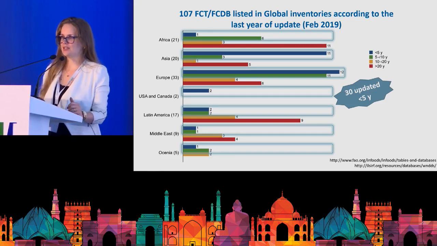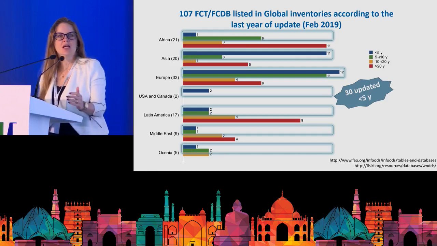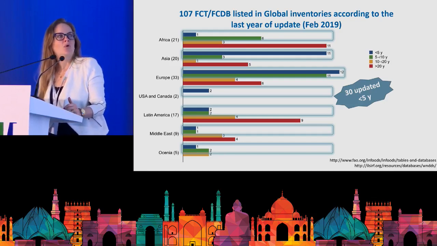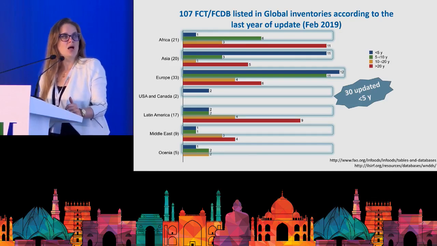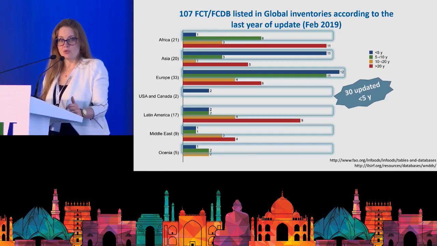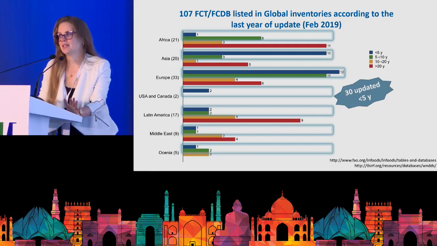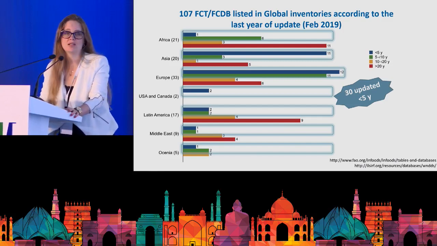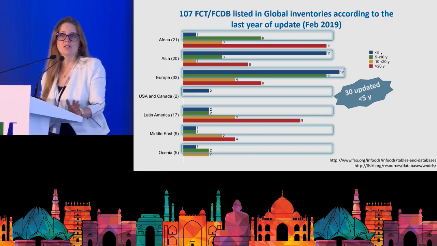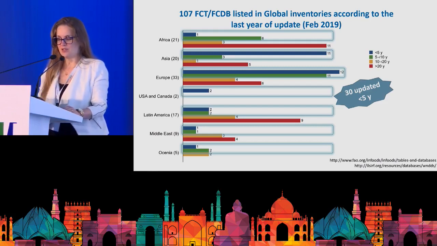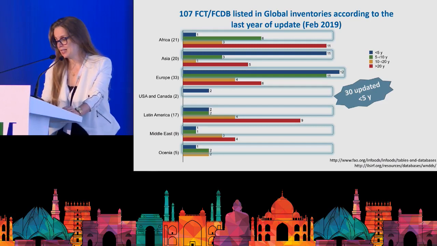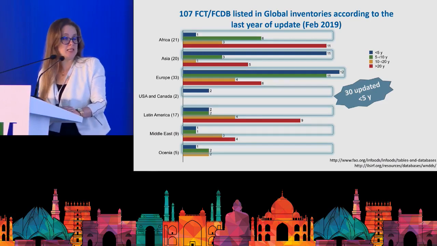I know that the work is still ongoing because they are going to include more data on biodiverse foods and also on recipes and processed foods, because they are still missing in the food composition table, but it's a very good example of success in food composition, and we hope that more countries in the future will also be able to have a food composition table with a lot of analytical and new data.